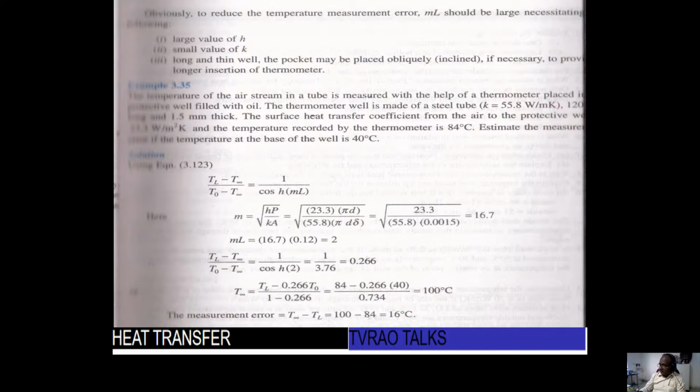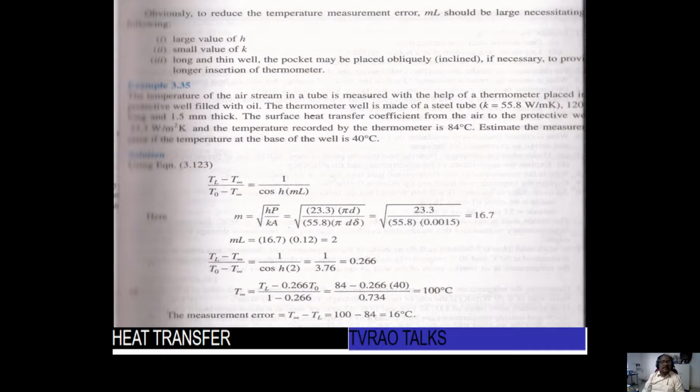The h value is 23.3 watt per meter square Kelvin. The temperature recorded by the thermometer is 84 degrees centigrade. That means the thermometer has recorded the temperature 84 degrees centigrade.